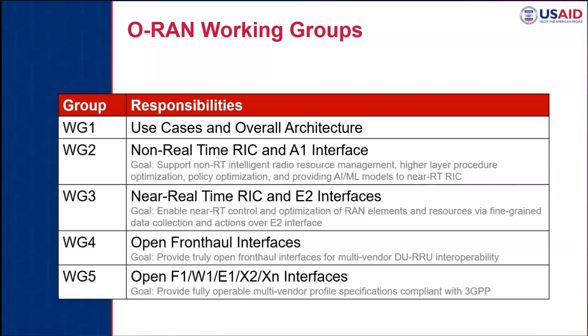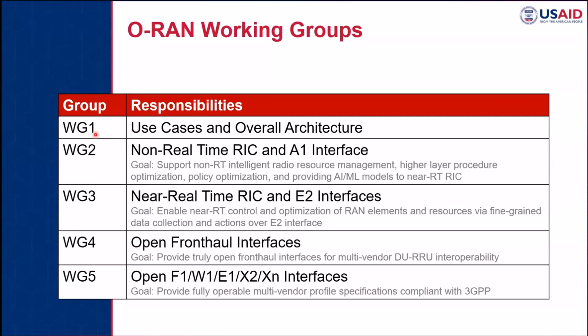If you look at the O-RAN working groups, as mentioned last time, there are 11 working groups in the O-RAN Alliance focusing on different parts of the O-RAN architecture. The overall architecture and use cases are taken care of by Working Group 1.